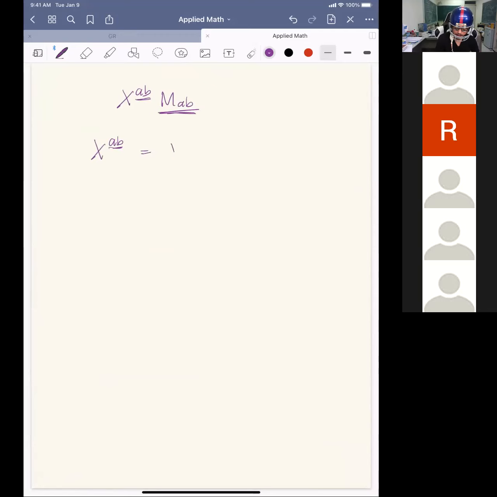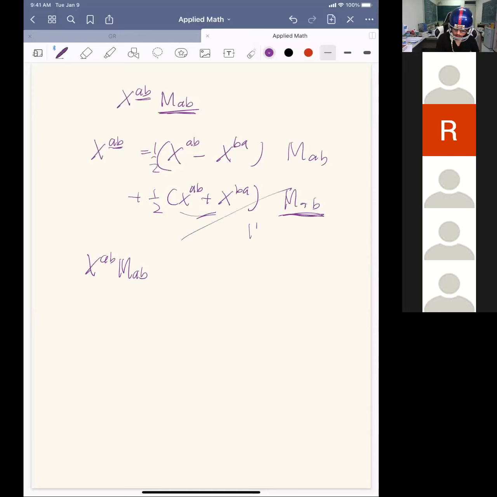Then I can separate X_AB into 1/2 (X_AB minus X_BA) plus 1/2 (X_AB plus X_BA), right? Now I multiply this by M_AB. Since M_AB is antisymmetric and this piece is symmetric, this term will be 0.